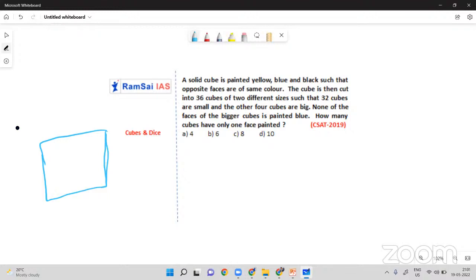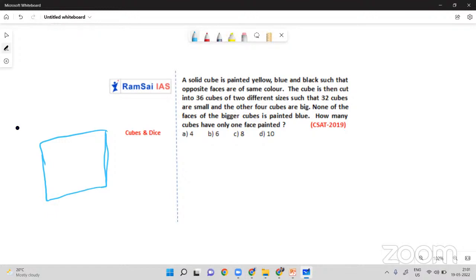But here only 32 cubes are small and 4 are big cubes. That is also okay. But they said the 4 cannot be of blue color. So how can it be possible?